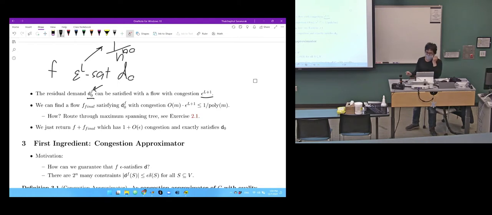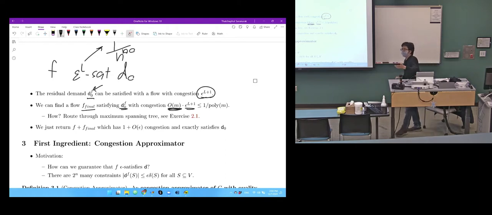If we really want to certify this exactly, we know how to do it if we allow super bad congestion. So let's look at this F final. Given this demand, if I know it can be satisfied with this congestion, I can find some flow that satisfies this demand with m times this congestion.